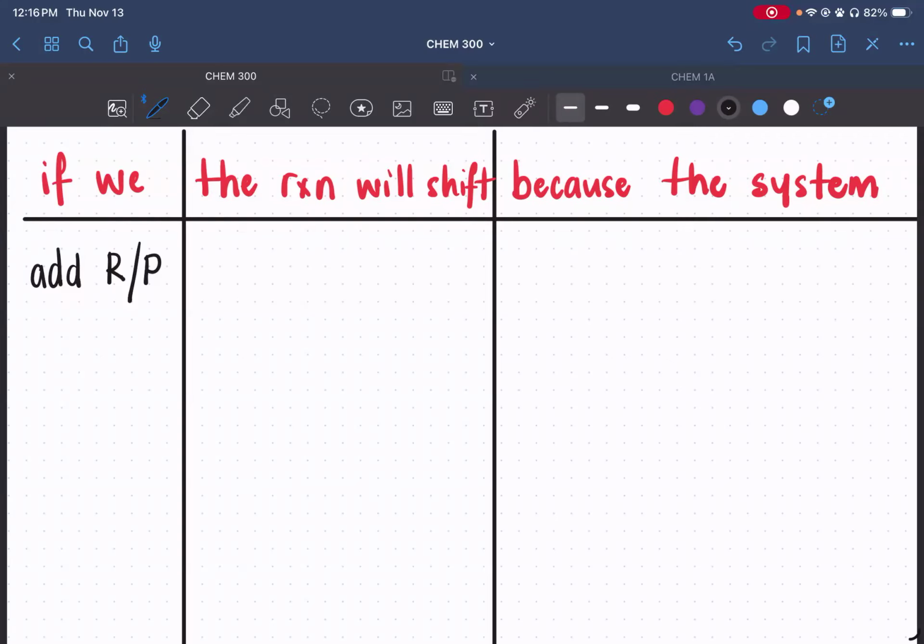If we stress the system by adding a reactant or product, the reaction will shift away from that reactant or product.